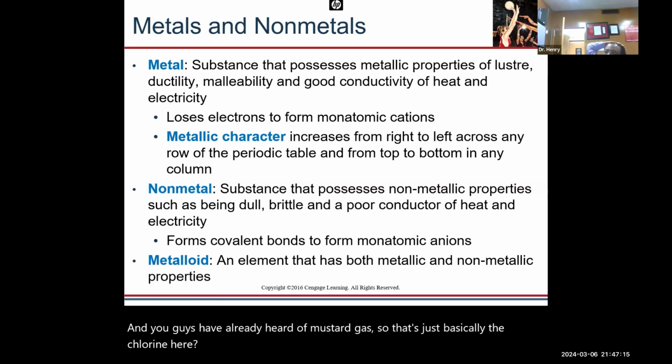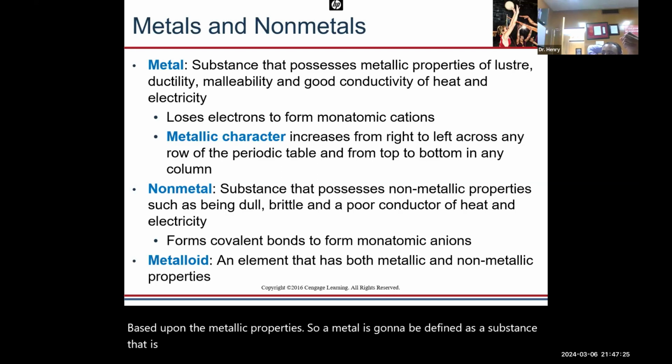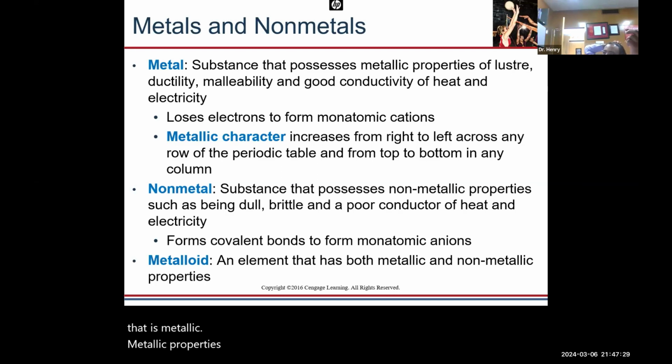So then we have characteristics based upon the metallic properties. A metal is going to be defined as a substance that has metallic properties of luster, ductility, malleability, and good conductivity for heat and electricity.